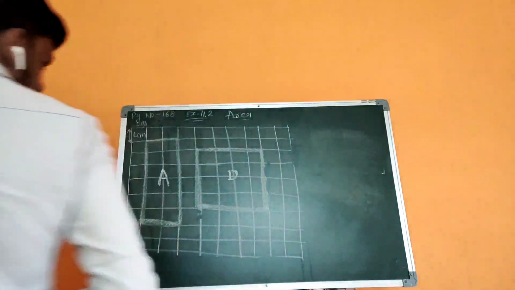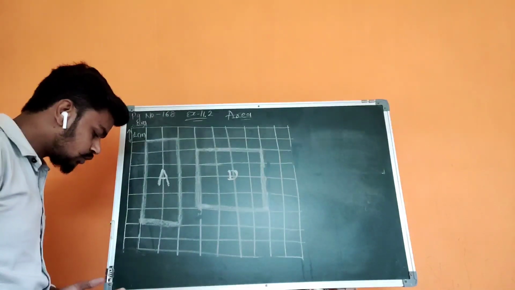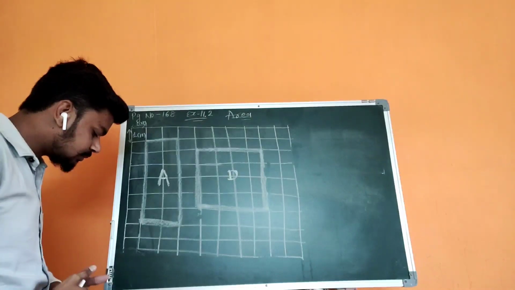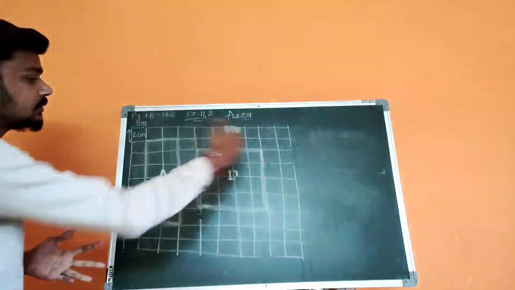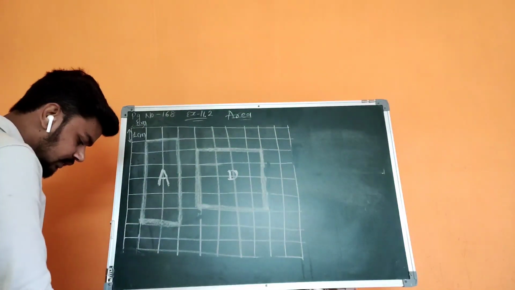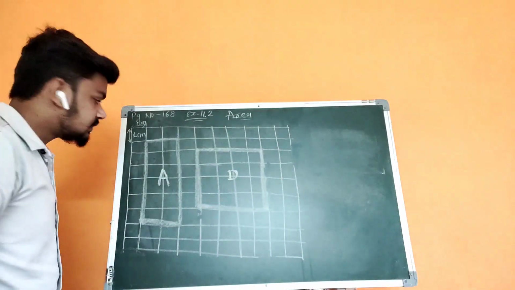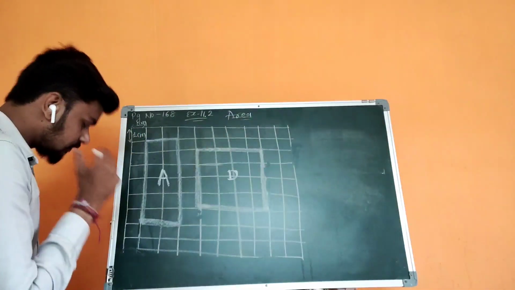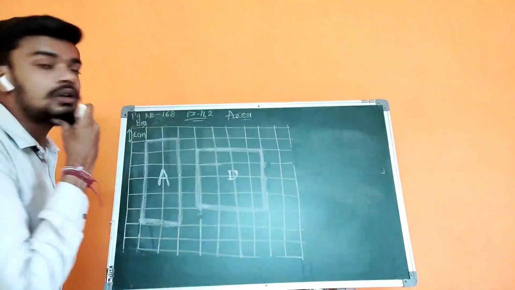Okay, now let's start exercise 11.2. The first question is: find the area of the figure shown below by counting the number of square units. As you can see, there are figures A, B, C, D, E, F, G, meaning a total of 7 figures are given. Of them, 2 I have drawn over here, and the remaining you have to do in the homework.